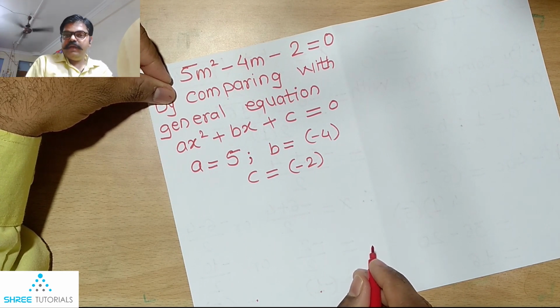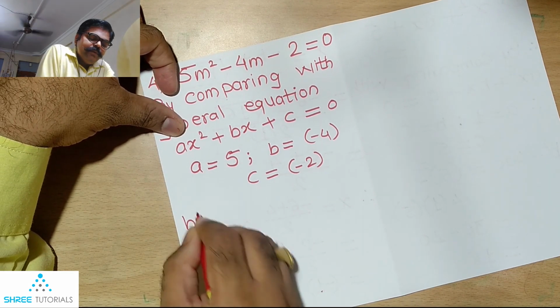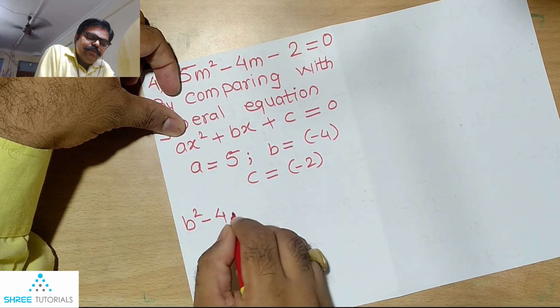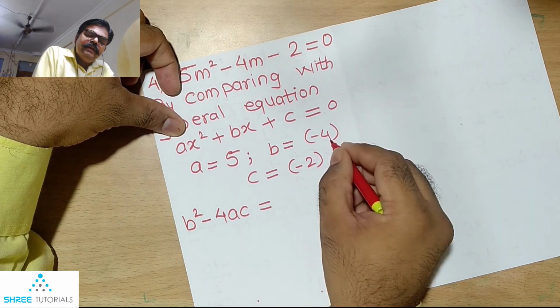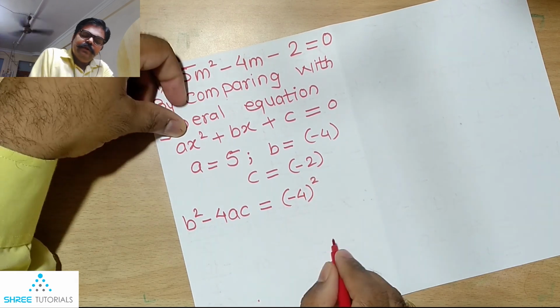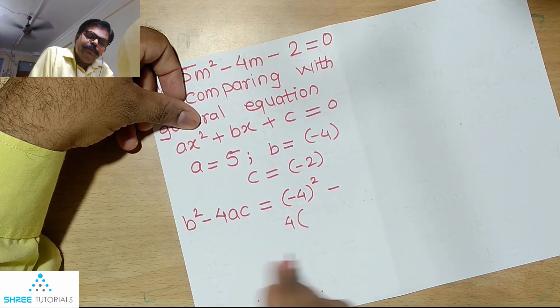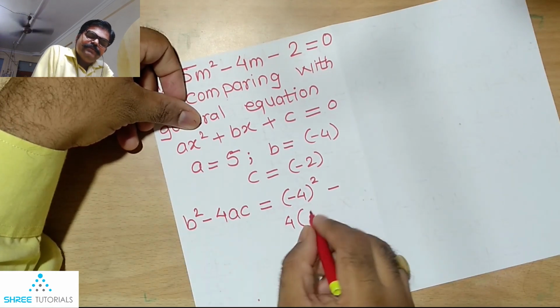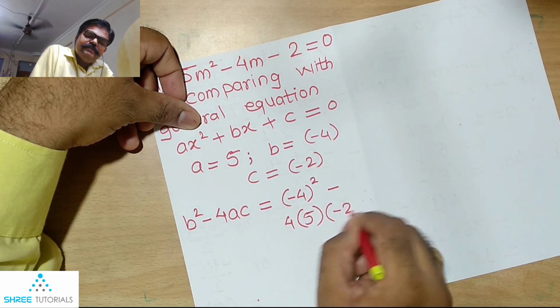The next what we are going to do is we are going to calculate this equation's value, b square minus 4ac. So what is the b's value over here? They have given us b's value as -4, therefore it will be equal to -4's square minus 4 into a into c. This is the a's value, which is 5, multiplied by c, which was -2.